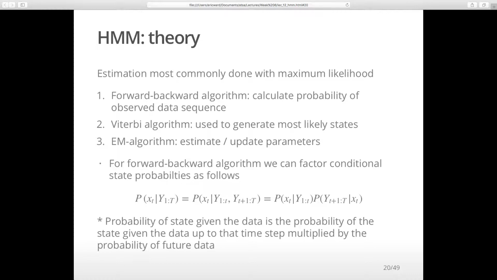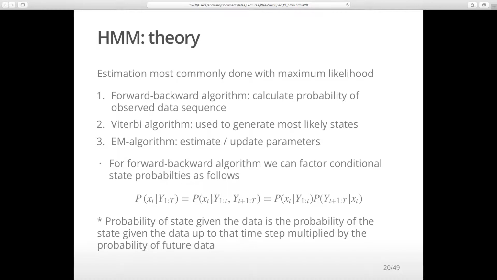And then the expectation maximization, or EM, algorithm, which is also used in MARS, can within an HMM be used to estimate and update our parameters. Generally what's done is we apply the forward-backward algorithm, then the Viterbi algorithm, using the EM algorithm to basically do that.